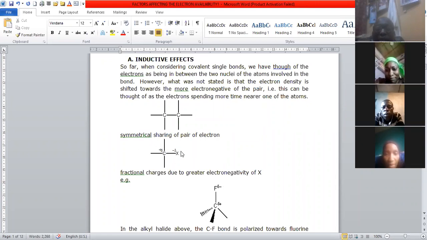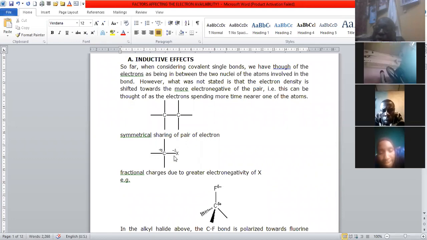Now, if you look at the second structure, here you have a carbon atom attached to a more electronegative atom. The atom represented by X is more electronegative than carbon. You can also see that it's different from carbon. Because this atom is more electronegative, the bonding electrons spend more time with this atom.